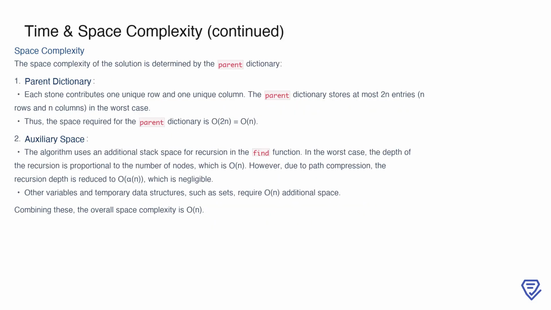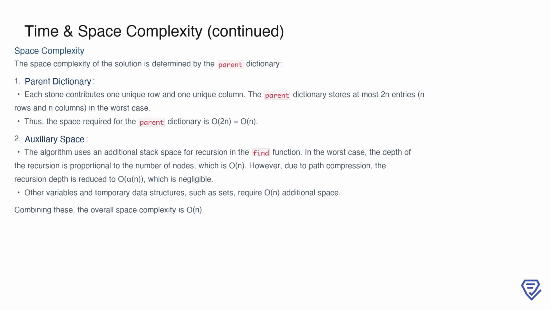Next, let's examine the space complexity of the solution. The primary contributor here is the parent dictionary, which is used to store the parent relationships for the union find data structure. Since each stone corresponds to a unique row and column, the parent dictionary can have at most 2n entries, 1 for each row and 1 for each column, resulting in a space requirement of O(2n), which simplifies to O(n).